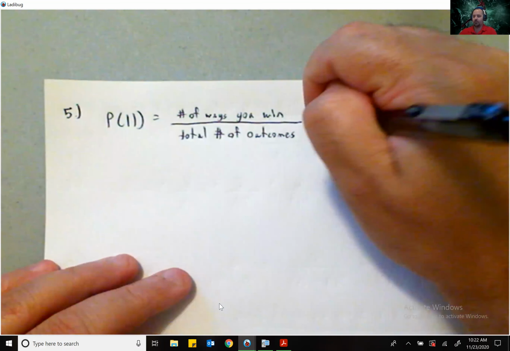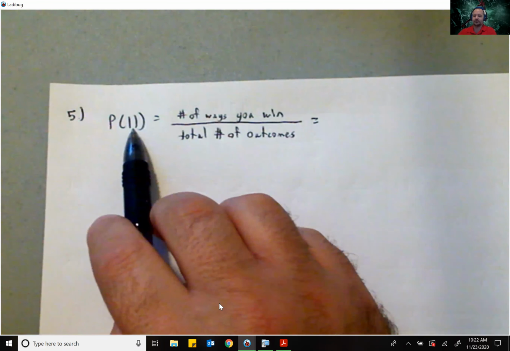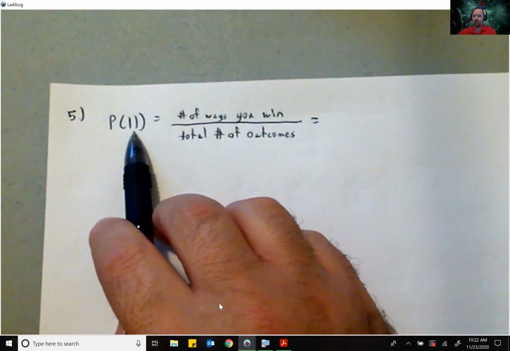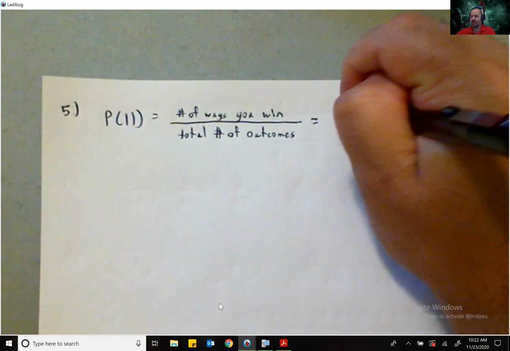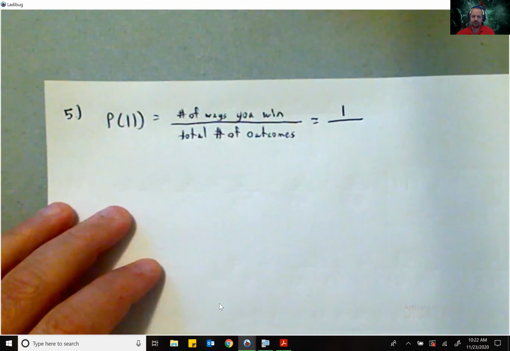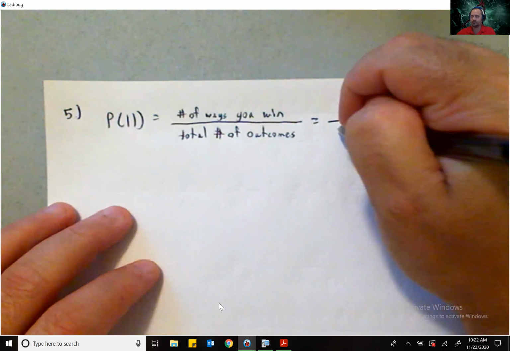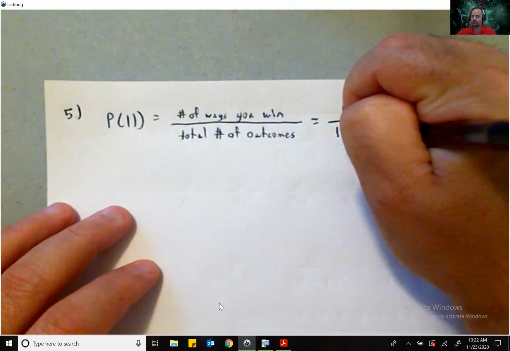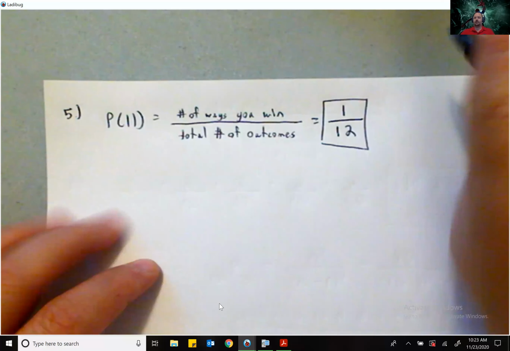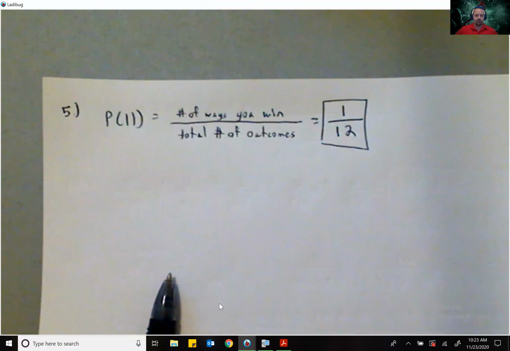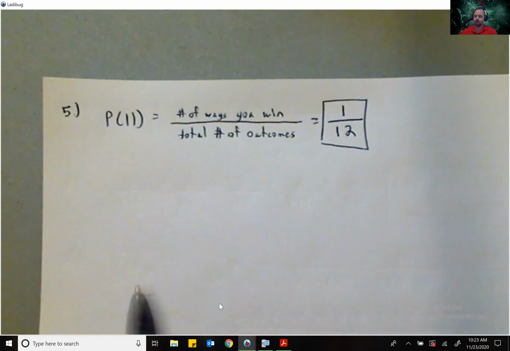Well, how many ways can you roll an 11 on a 12-sided die? Only one way. Either you roll the 11 or you don't. Out of how many outcomes? There are 12 outcomes. And that right there is your probability. Always make sure that you check your fraction to make sure it doesn't reduce, and 1/12 does not reduce. So it's good to go.